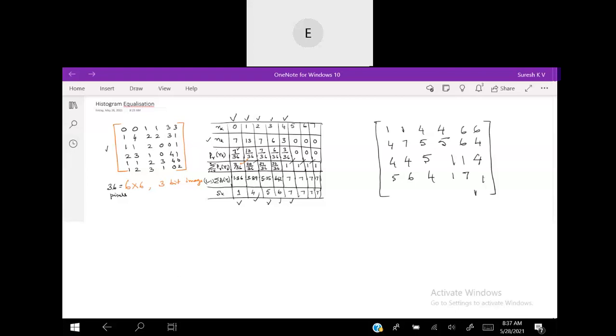Okay. The last row, 1 is 4. 2 is 5. 3 is 6. 1 is 4. 0. Okay. 2 is 5. So this is the output. Any doubt in this step?